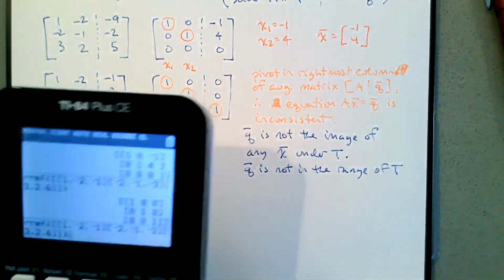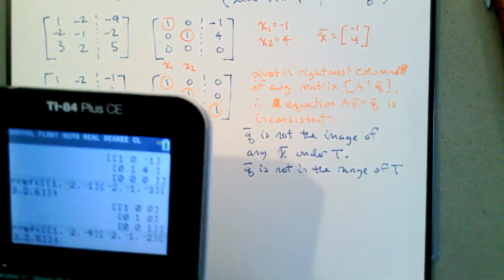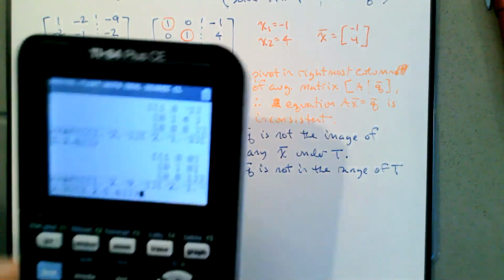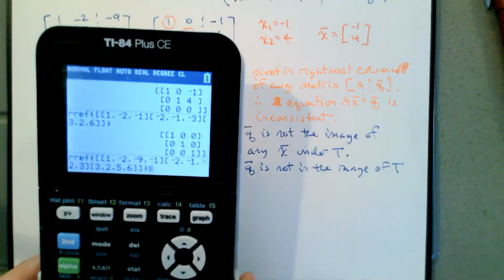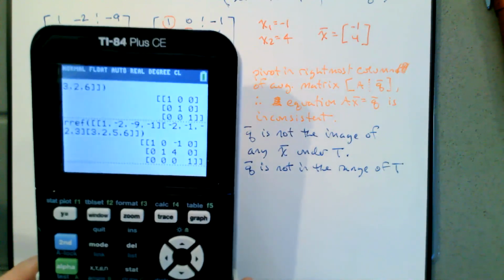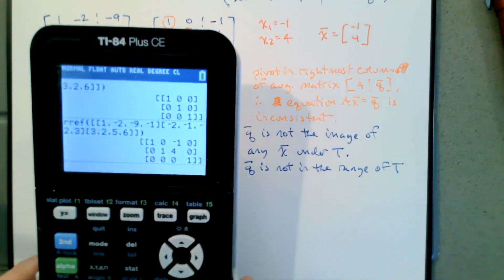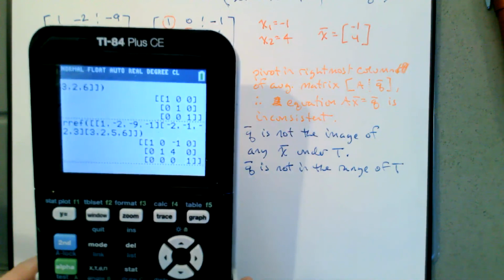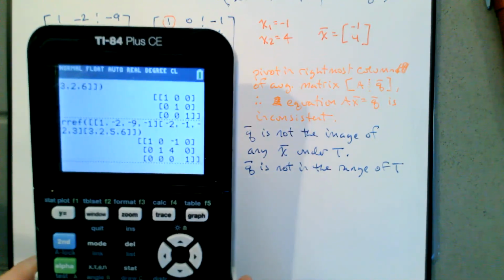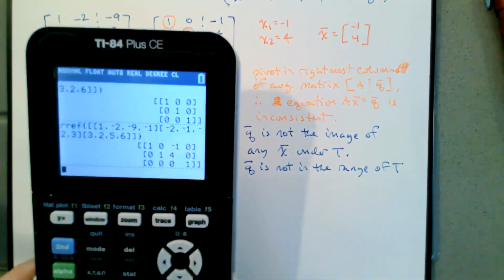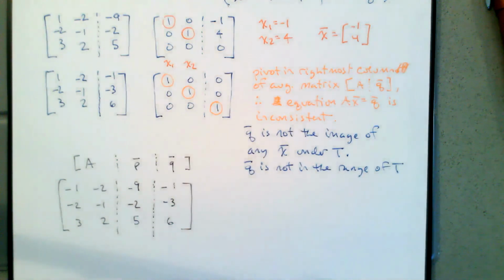So if I find the reduced echelon form of this matrix, the first 3 columns will be the reduced echelon form of A, P, and then the first, second, and fourth columns will be the reduced echelon form of A, Q. So I save myself a little bit of effort by solving 2 equations at once.